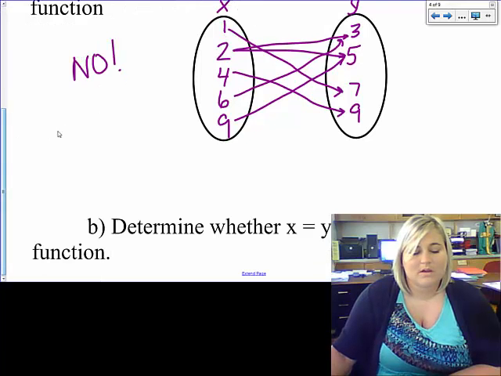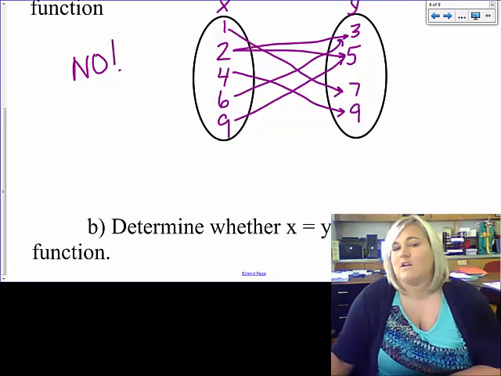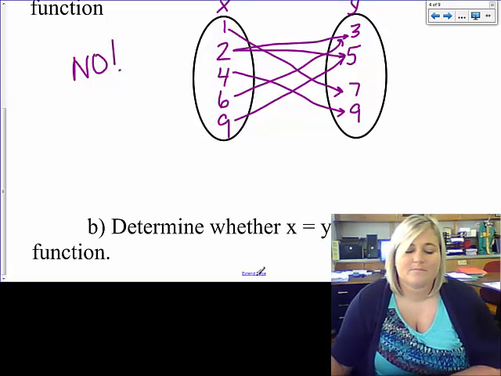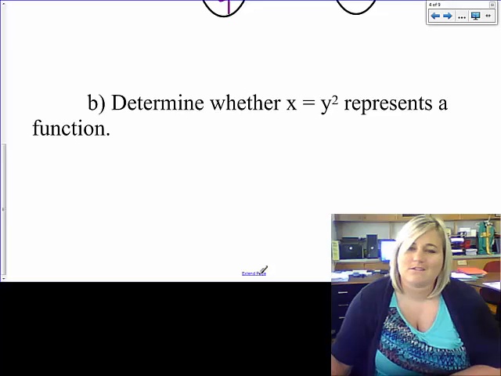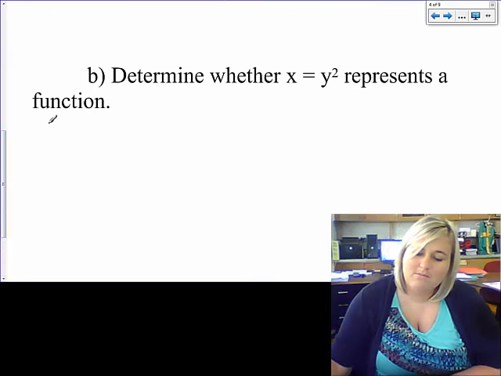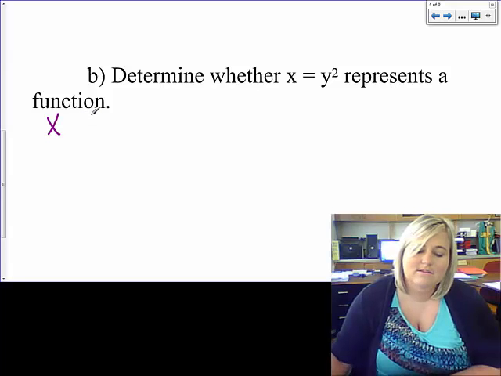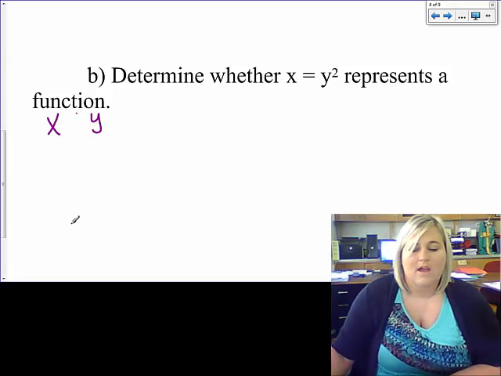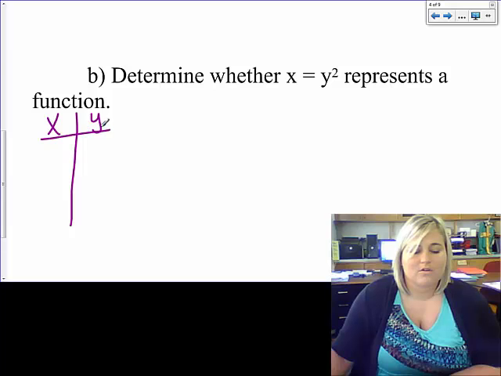It wants us to determine whether x equals y squared is a function. For us to do that, we will make our own little t-chart to determine these things. Whenever we're dealing with a square, it's nice to already be working with perfect squares.